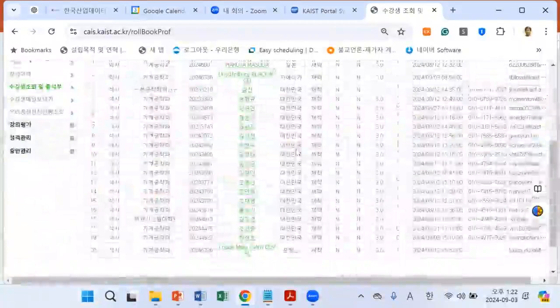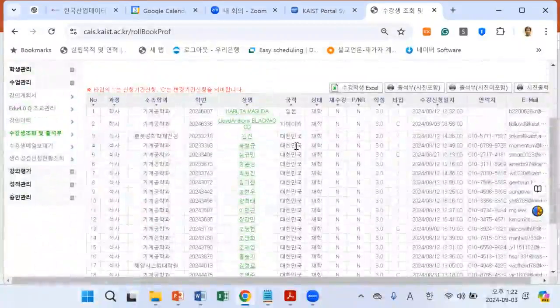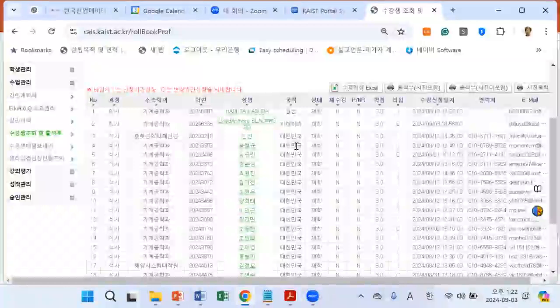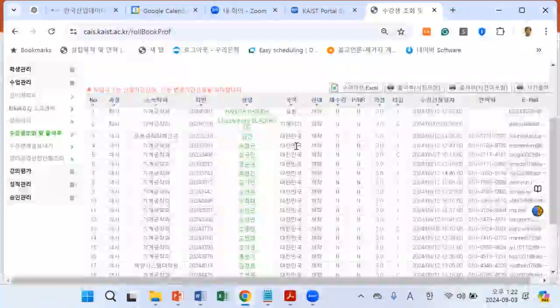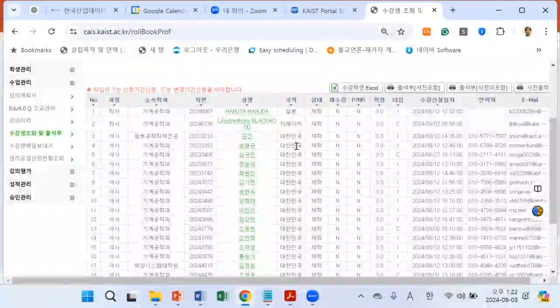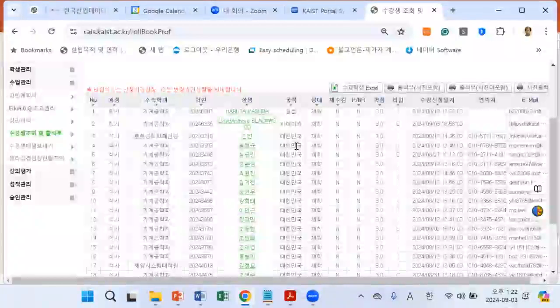Right. Now we have the 20 registered students. We want to see who is Haruta Matsuda. Raise your hands and you can show your face to other students. Haruta Matsuda coming from Japan, right? And then Lloyd Anthony Blackwood, right?